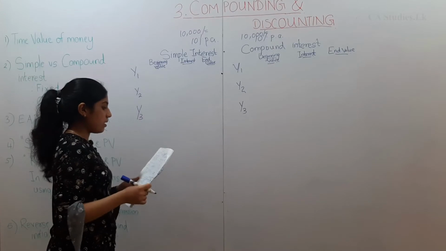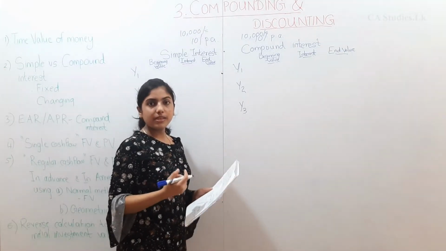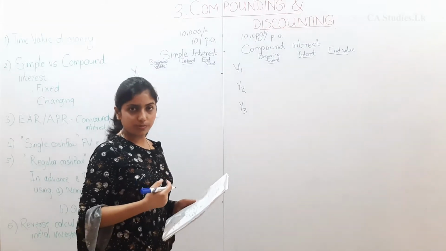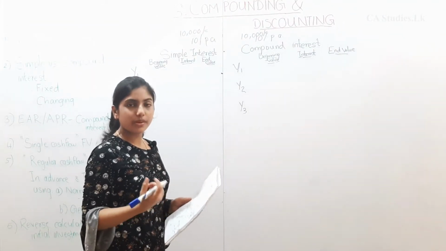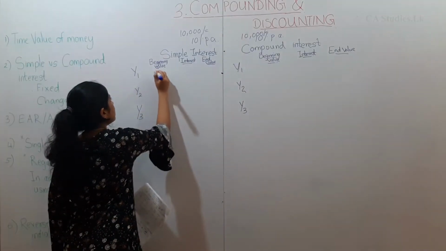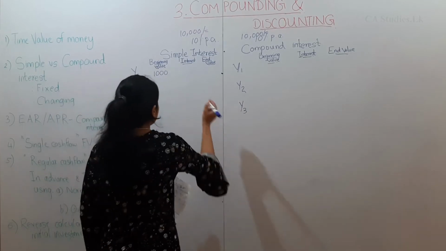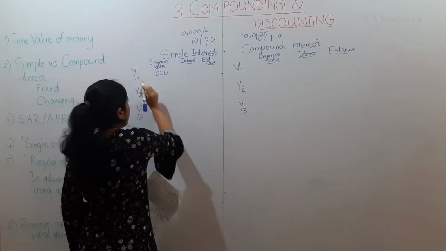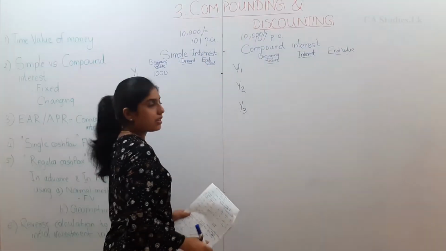So, in the start of the period, we have invested 1,000 rupees. So, what will be our beginning value? 1,000 rupees. So, you write 1,000 here, which is starting in year 1. Then, for the period year 1, they say it's 10% interest per annum.